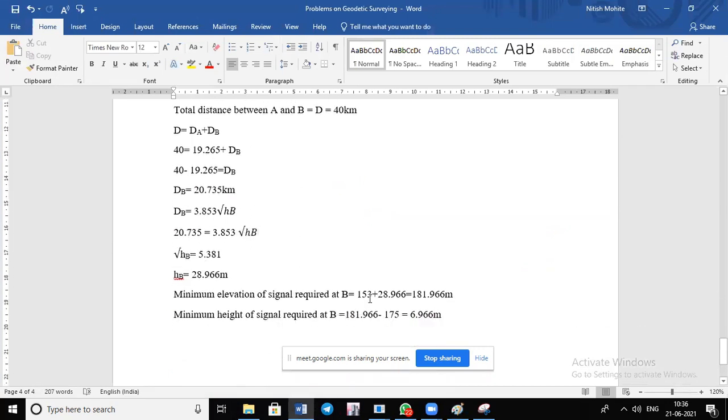As I told you, 153 is the minimum required, and HB is 28.966, so totally we get 181.966 meters.